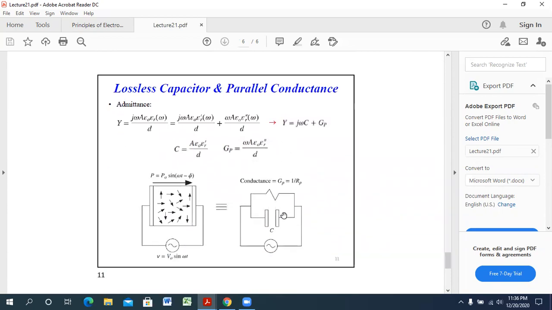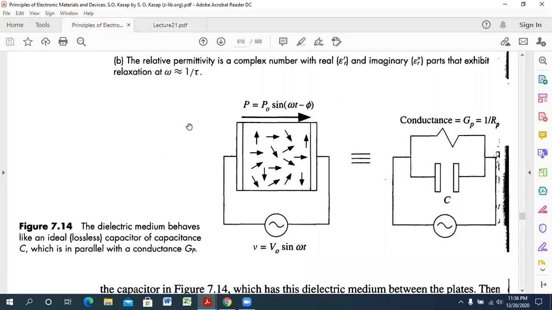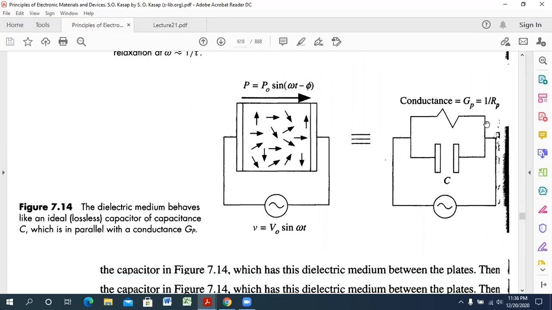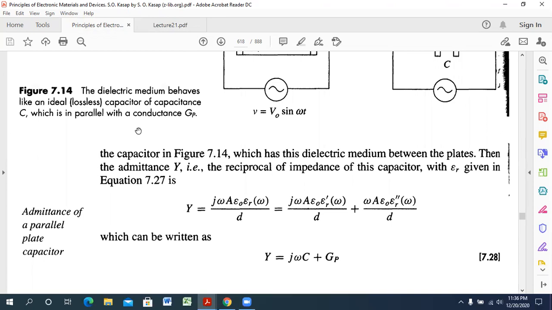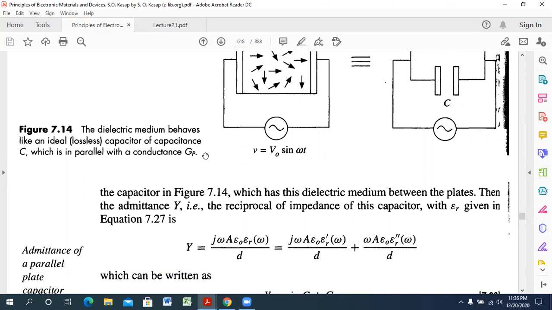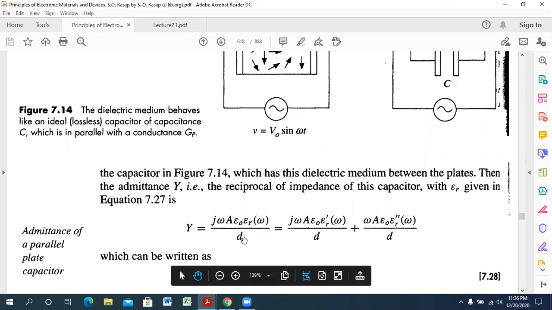Okay. Now the next one is the lossless capacitor or the parallel conductance. So here we put the equivalence of this conductance. Gp should be equal to 1 divided by Rp, right? So this conductance can be written as the imaginary part, j omega epsilon naught epsilon r divided by d.